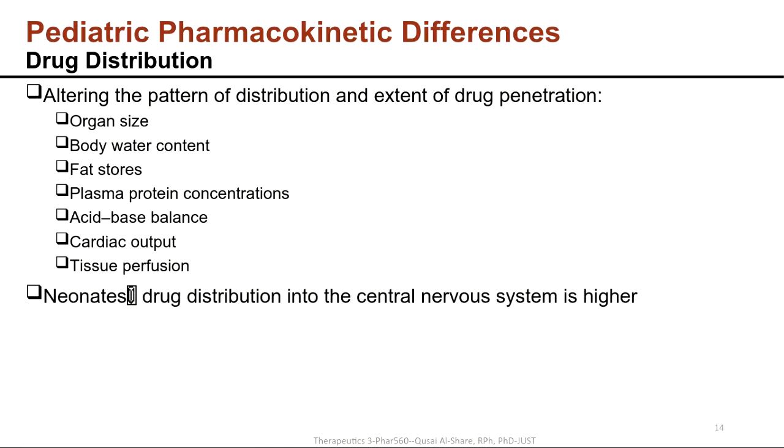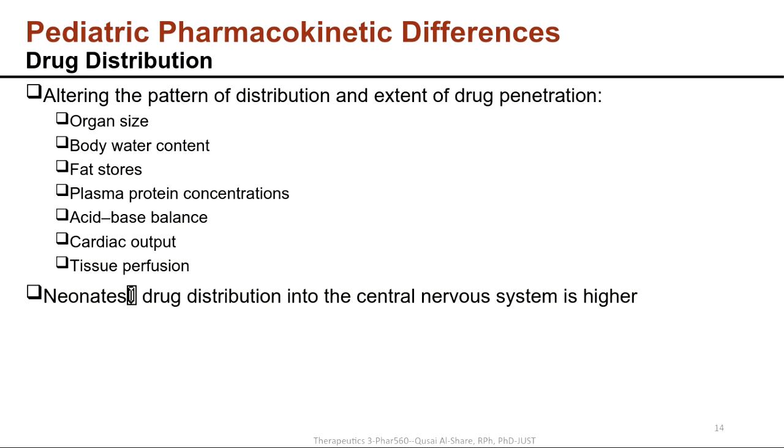What about plasma protein concentrations? Think about the acid-base balance. Think about the cardiac output and tissue perfusion, because all of these factors would affect the extent of drug penetration and distribution to the different organs.